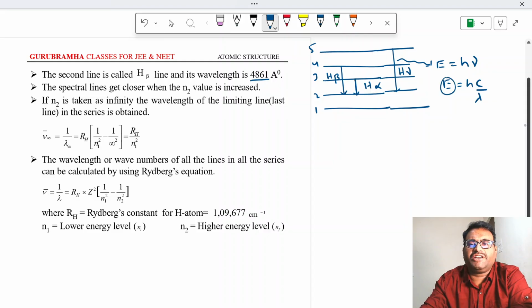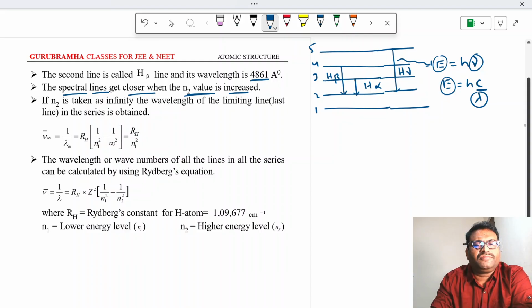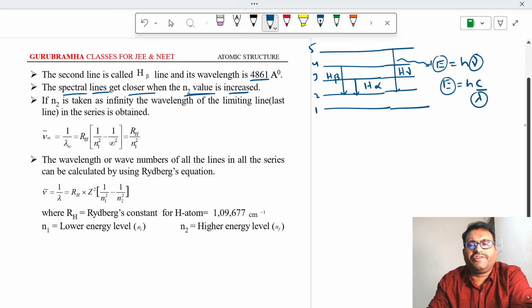For every energy, there will be some wavelength and some frequency associated with it. So here the spectral lines get closer when N2 value is increased. Next, when N2 is infinity, what is that?